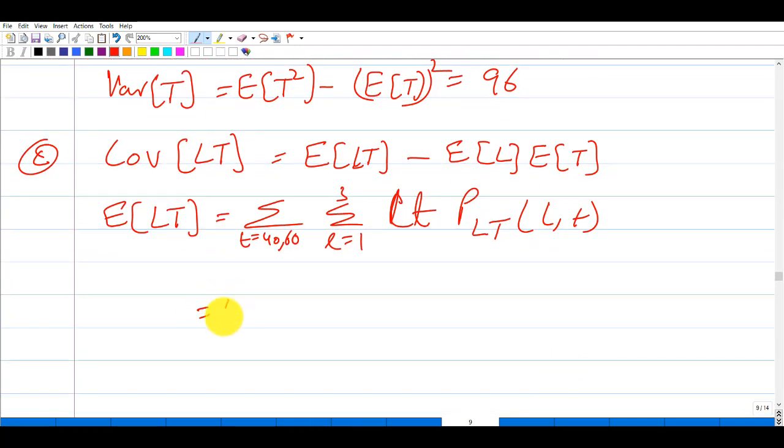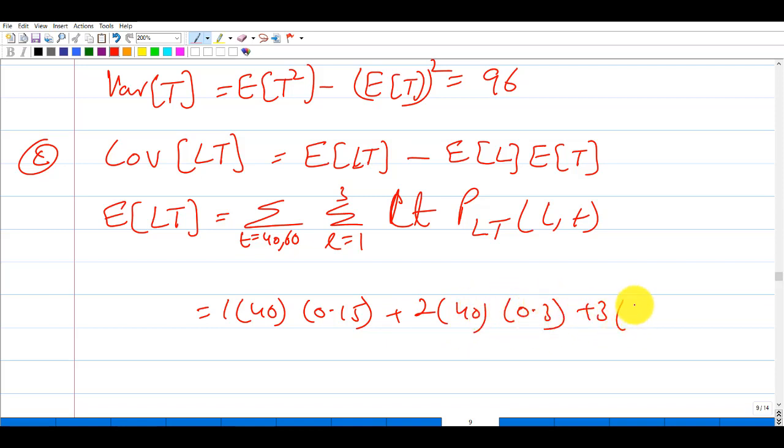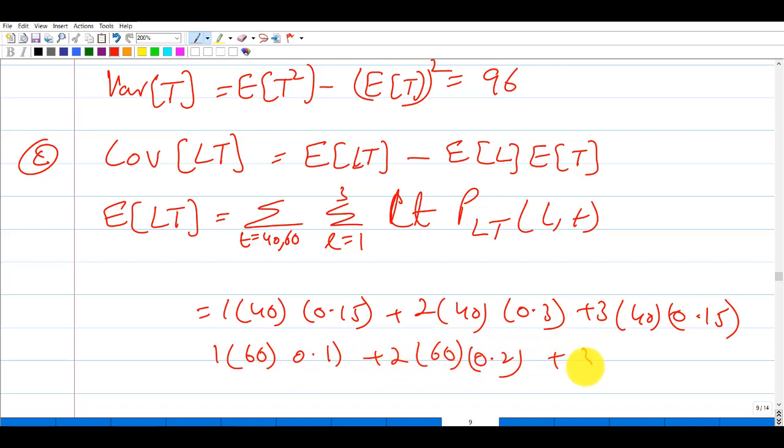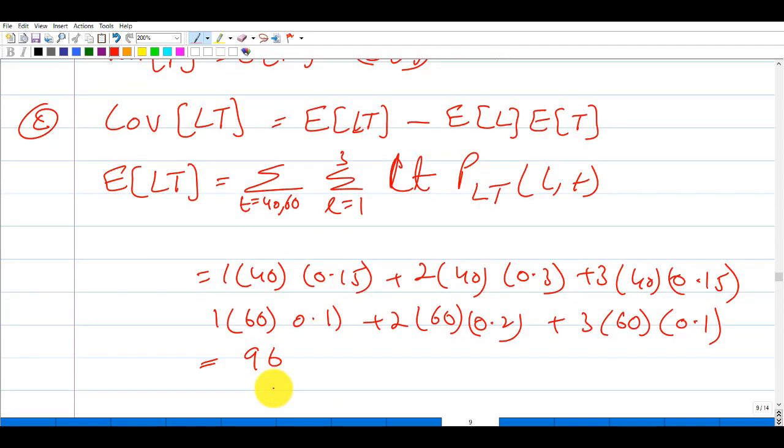So that would be 1 into 40, 0.15, plus 2 into 40, 0.3, plus 3 into 40, 0.15. Similarly, we have 1 into 60, 0.1, plus 2 into 60, 0.2, plus 3 into 60, 0.1. So this will sum up to be 96.